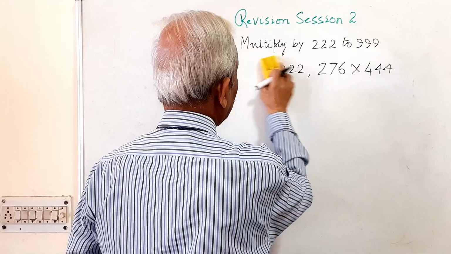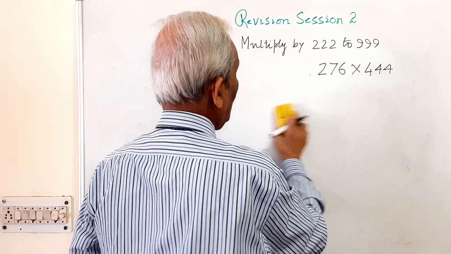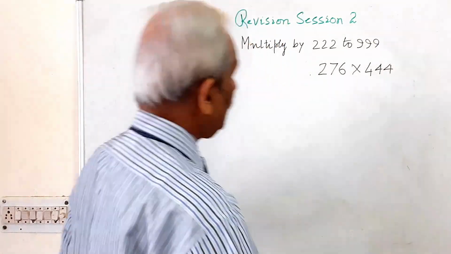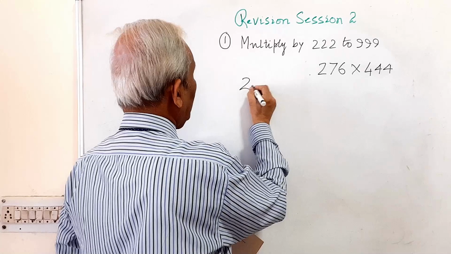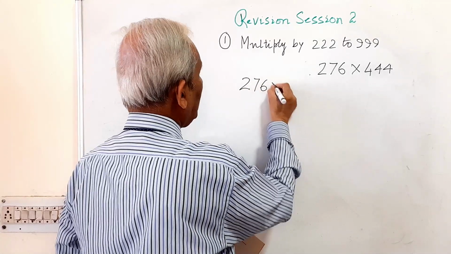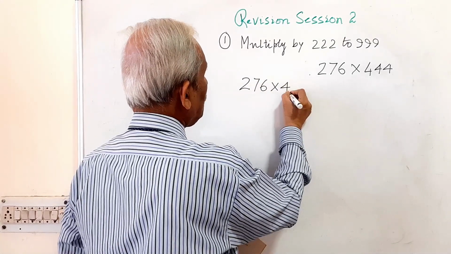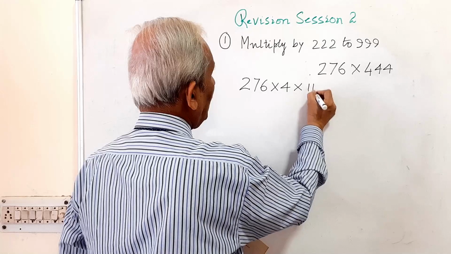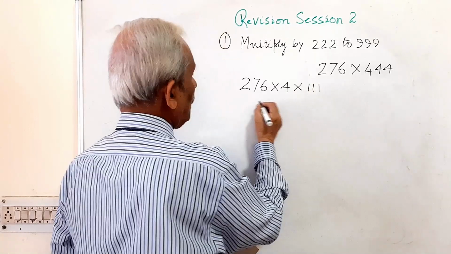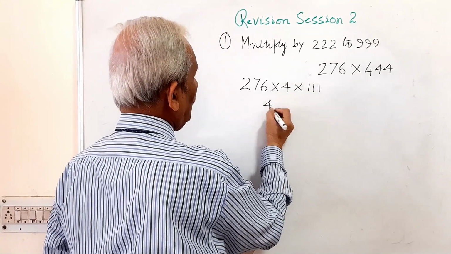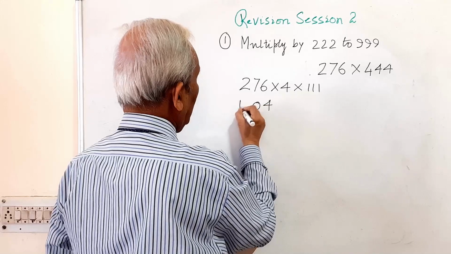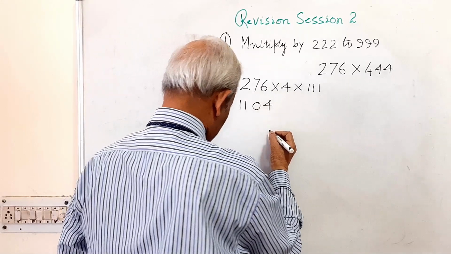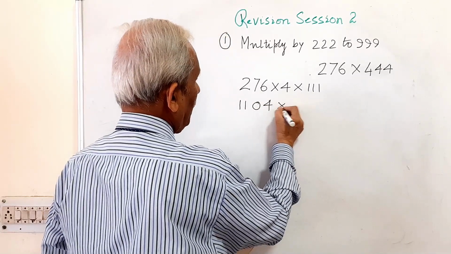The next question is 276 into 444. 276 into 444 can be written as 276 into 4 into 111, right? And so it becomes 1104 into 111.